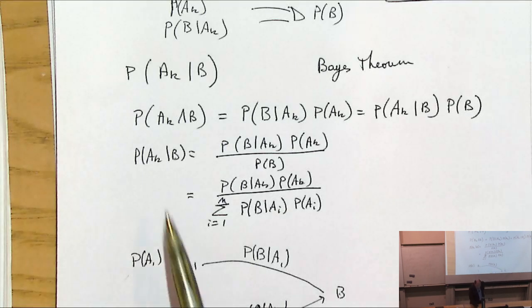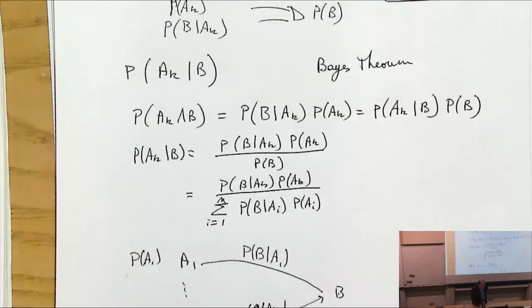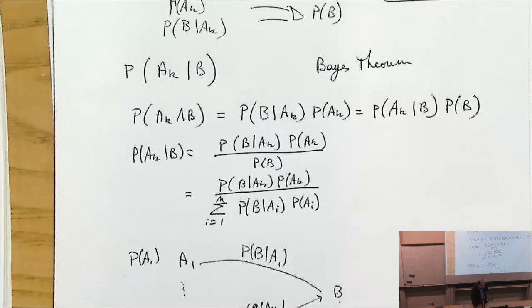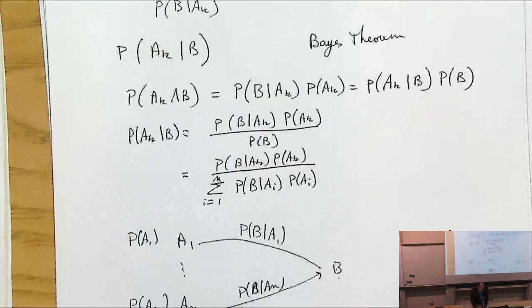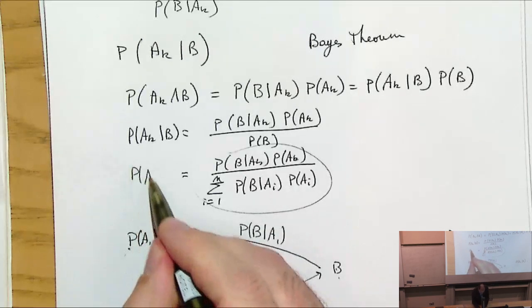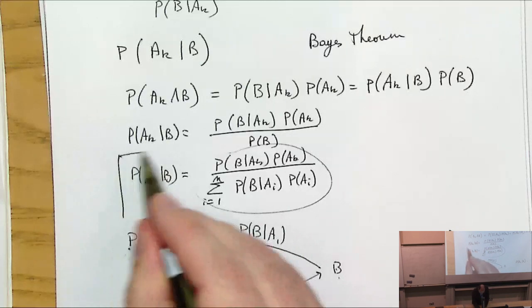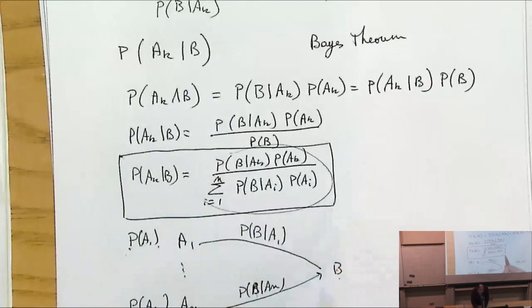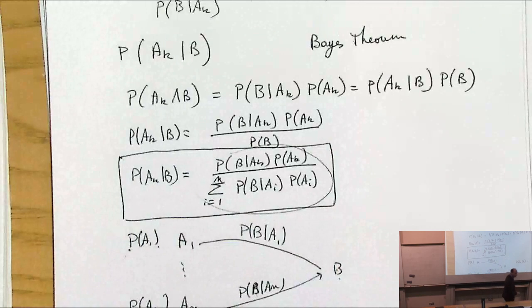But what I can do, I can compute the probability of having a certain cause given that B was observed, right? So P of AK given B will essentially be written as a function of P of AK and P of B given AK using this relationship. So this is called Bayes' theorem, right? So you're looking at the opposite. You're looking at what's the probability that a certain cause was AK, given that B has been observed. Okay?